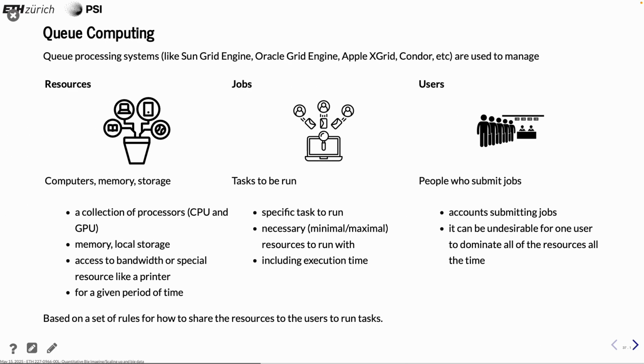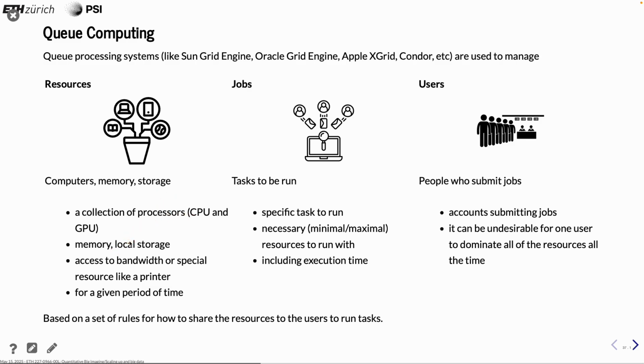So, one thing when you start working with these distributed computing systems is queue computing, and that is when you have a larger computing system with many users, you have to organize how to work with these resources. So you have the resources, which is a collection of computers or processors.